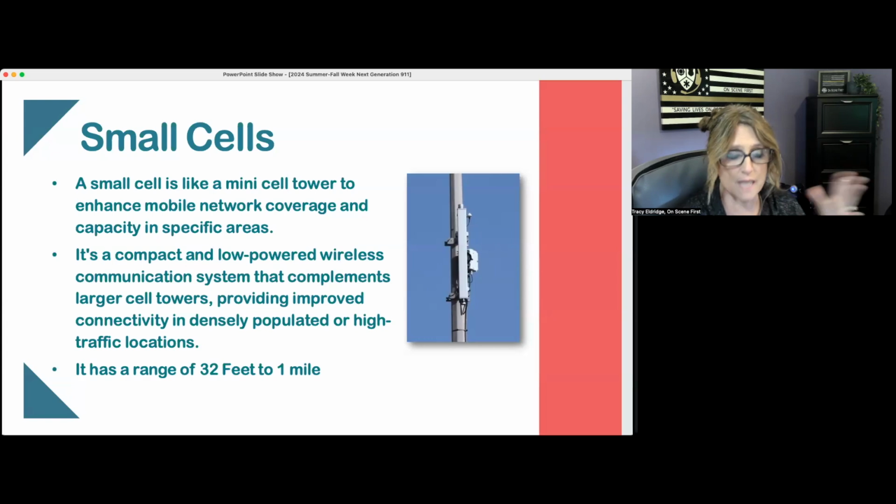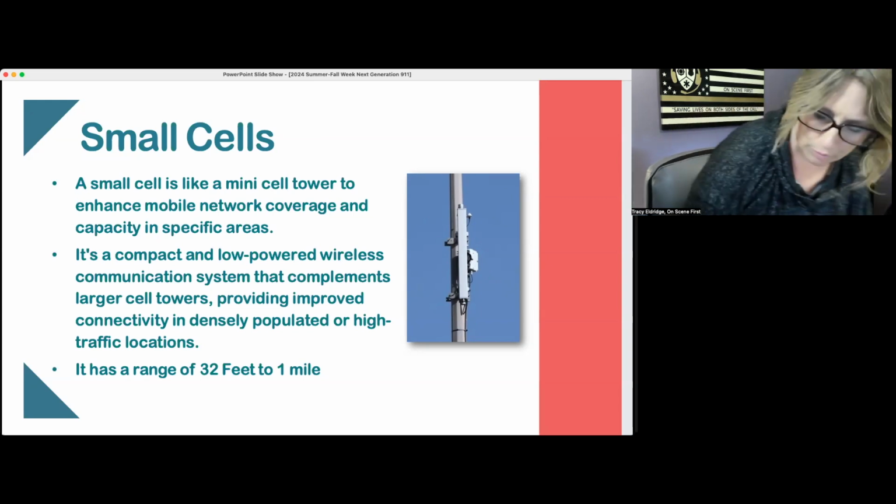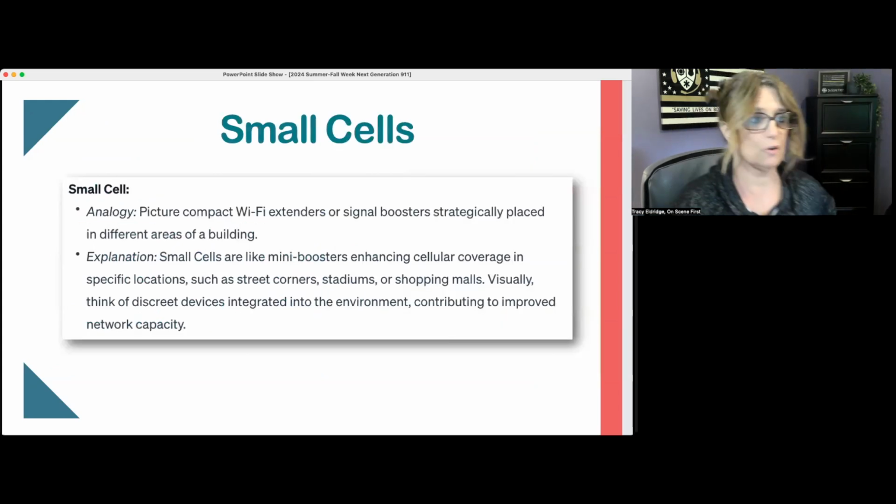So sometimes these are put up when we can't build a large tower infrastructure to create the much bigger macro cell, which we'll talk about in a minute. And so these smaller cells are just kind of popped up or thrown onto something else to say, hey, we want to just kind of extend the range of this mobile radio signal.